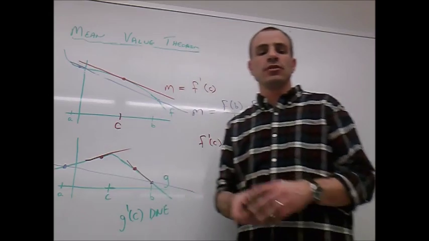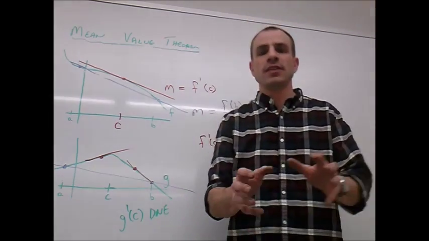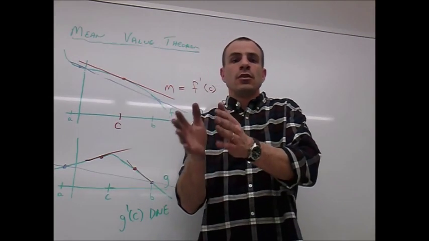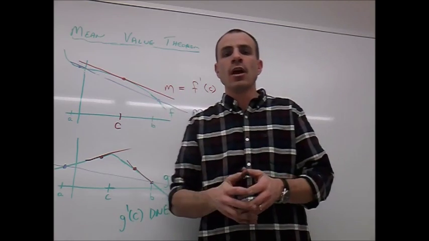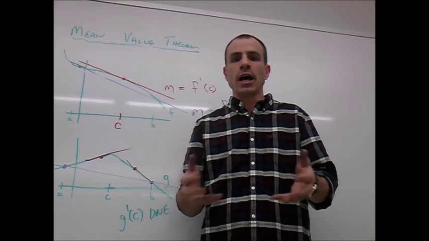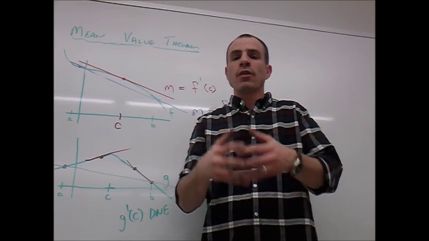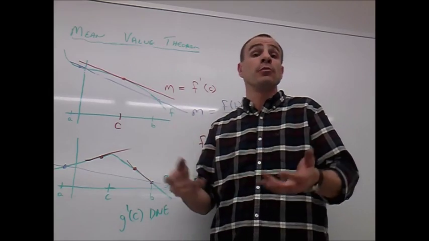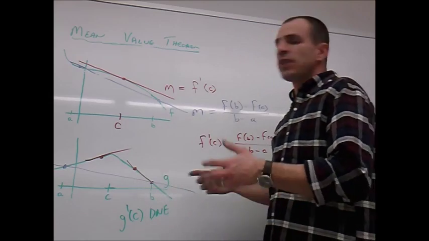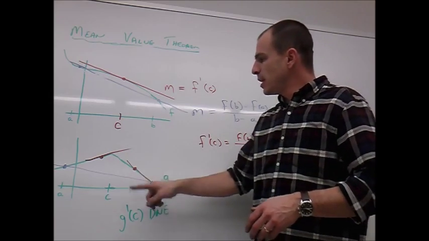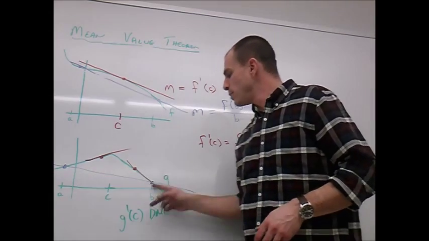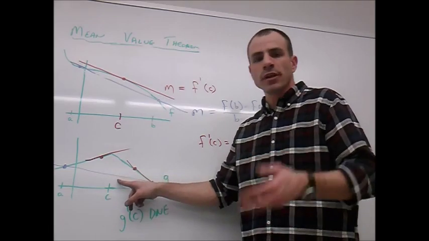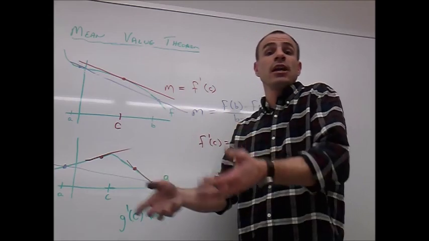Okay, so just quickly now, on the exam, you could be expected to be tested on the mean value theorem in 2 different ways. One way in which they will look to test you is whether or not the mean value theorem is eligible. They'll say something like, hey, guess what? The average rate of change of this function g from a to b is, I don't know, maybe negative 1/7.